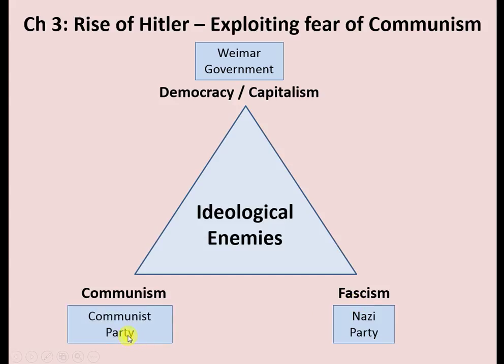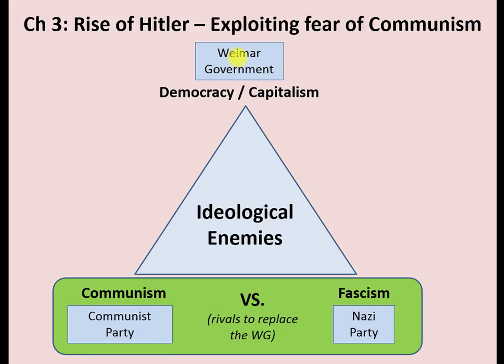So at this point in time, Hitler was getting more powerful and more popular. You see here that the Weimar government was the government in power, and just like earlier when we talked about opposition from the left and the right, now the Nazi party and the Communist Party were rivals to take over from the Weimar government.